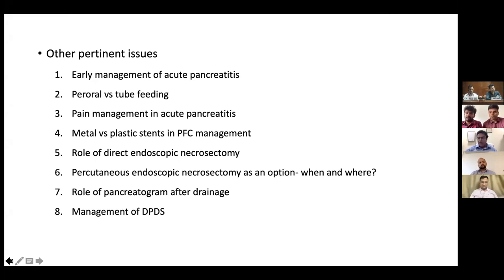First, let us look at the fluids that you mentioned. Why do you want to give Ringer lactate? Sir, crystalloids are crystalloids, and among crystalloids, Ringer lactate has shown better outcomes, because normal saline can cause hyperchloremic acidosis in these patients.